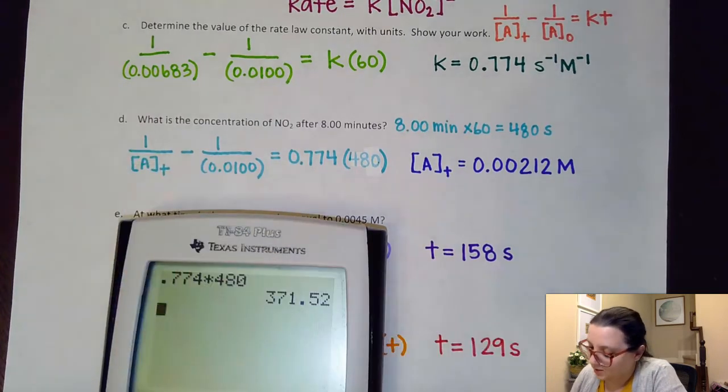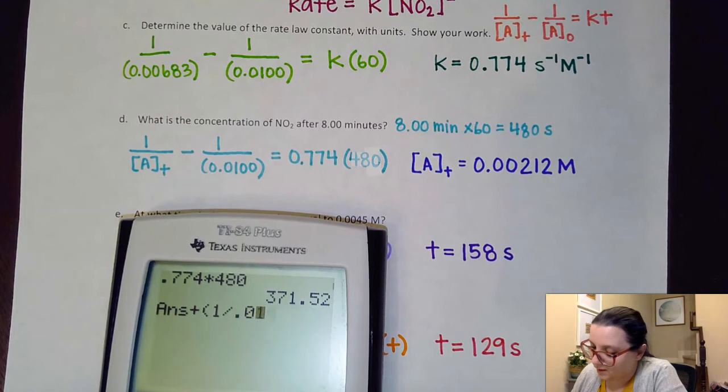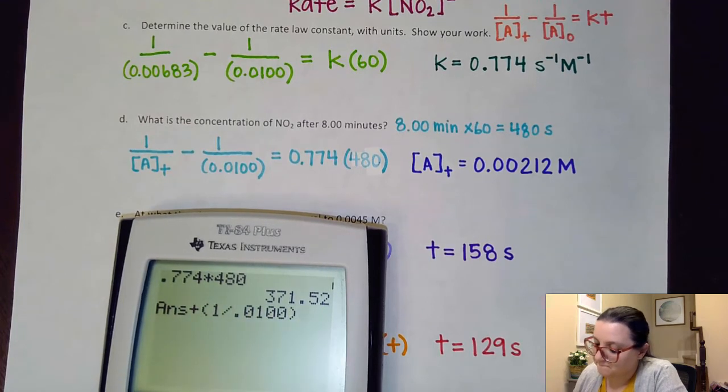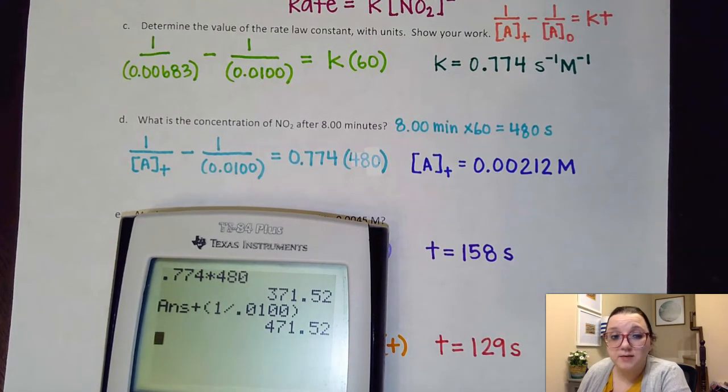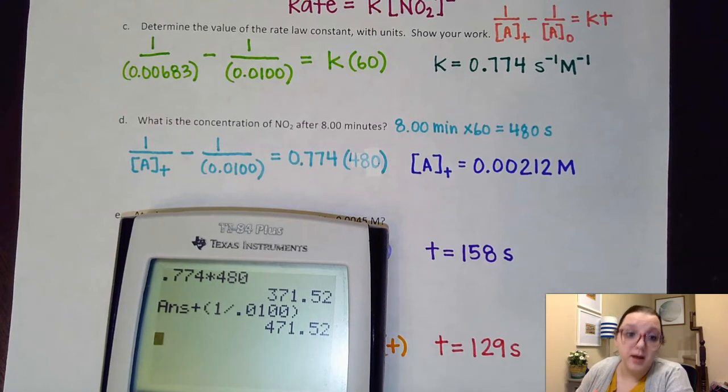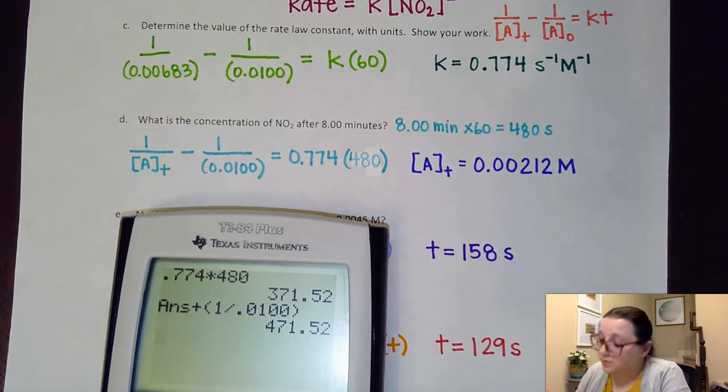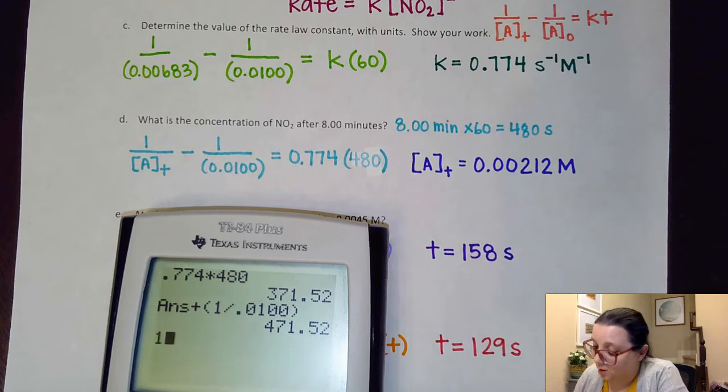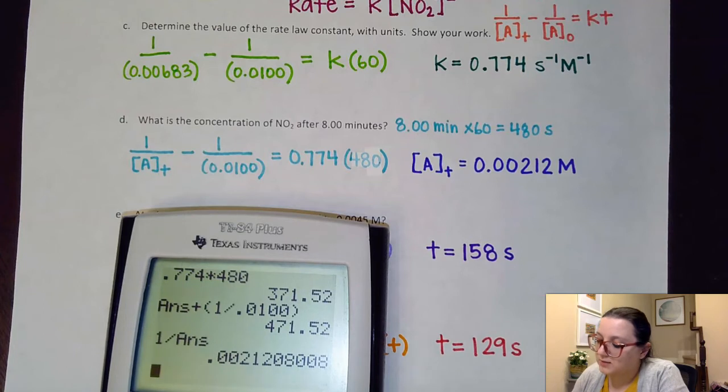Then I'm going to add over the 1 divided by 0.01. And then that's going to be equal to 1/my concentration of A. And so therefore what I want to do is I want to do 1/this answer to get my correct answer here.